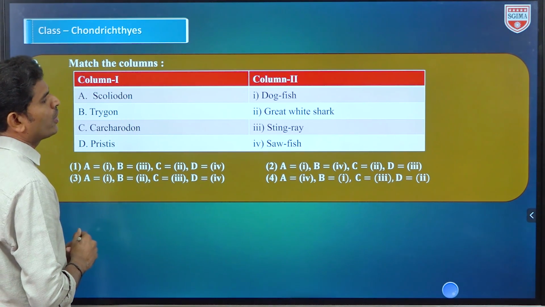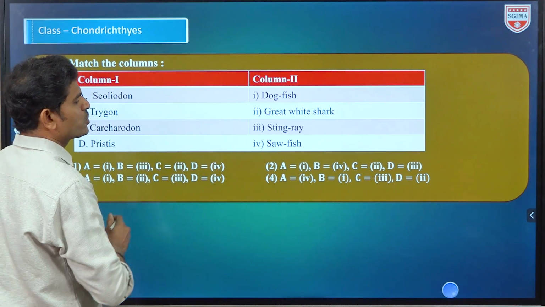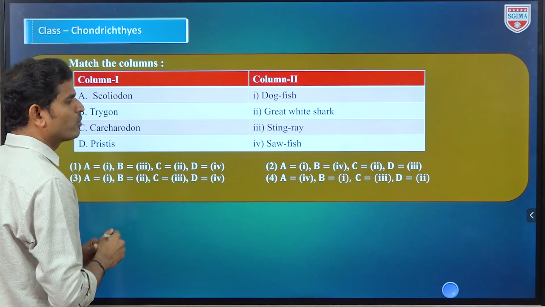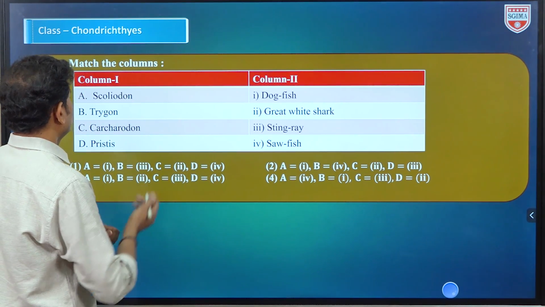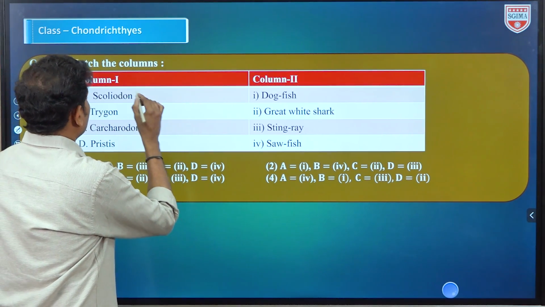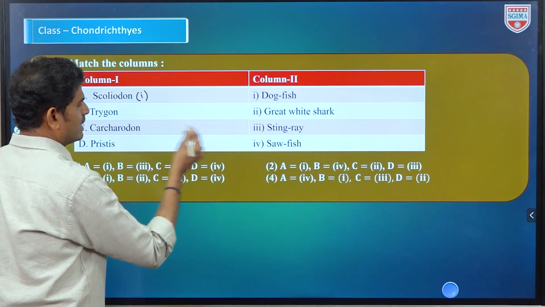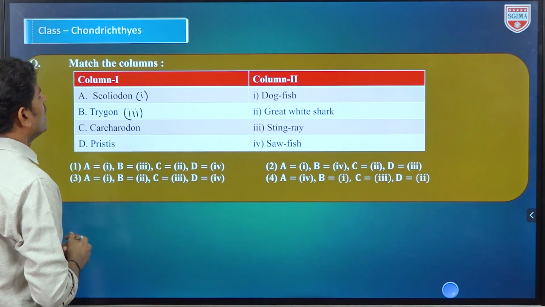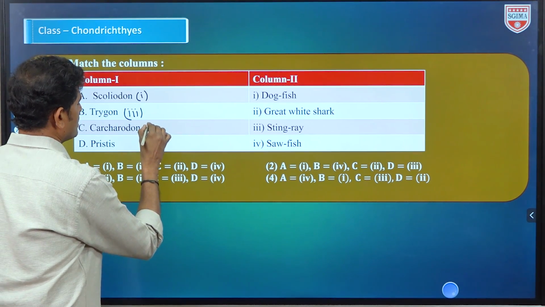Scoliodon is which one? Dogfish, the first. Trygon is a stingray, the third one. And Carcharodon is the great white shark.